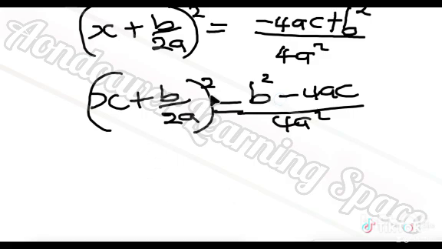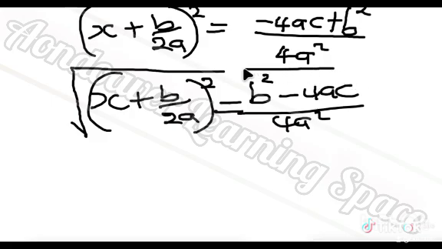We take the square root of this and the square root of the right hand side as well. Now watch, the square root covers both the numerator and the denominator. It means you're square rooting both the up and the down part of the fraction. So this square root goes with this square.